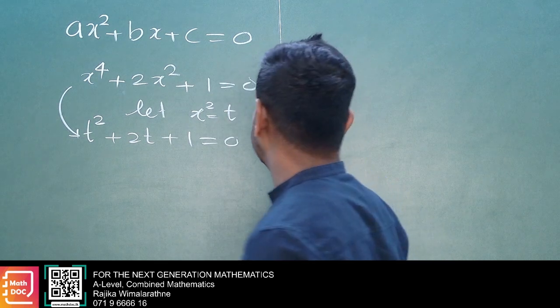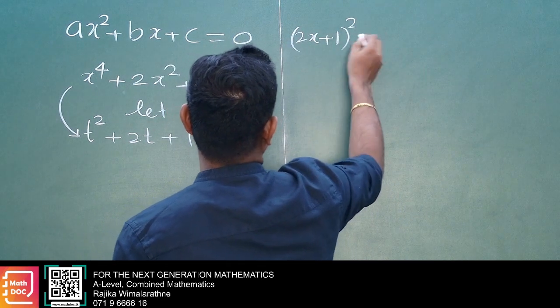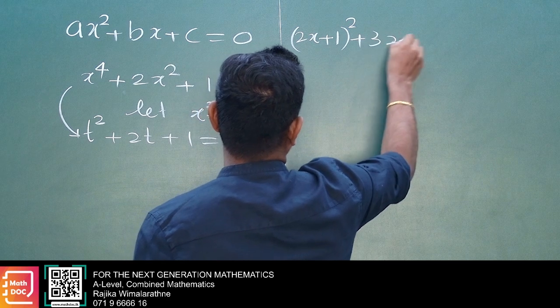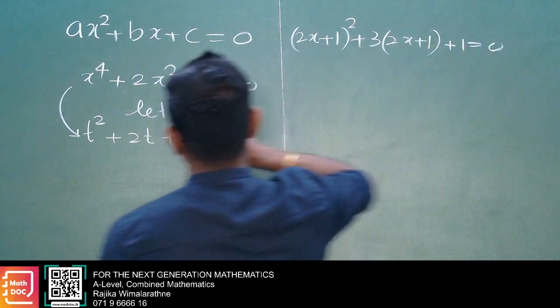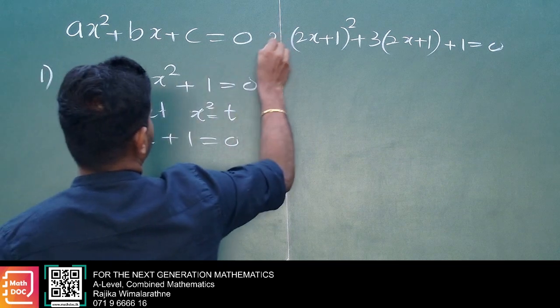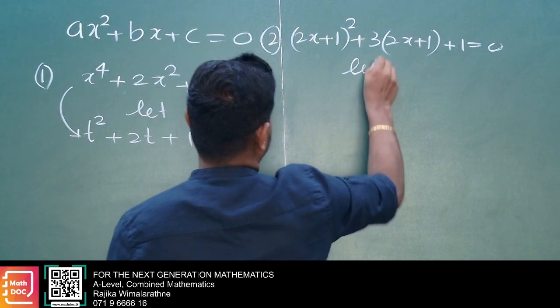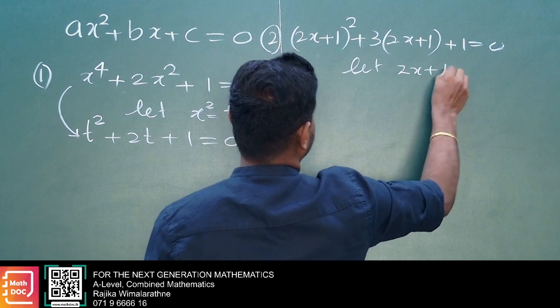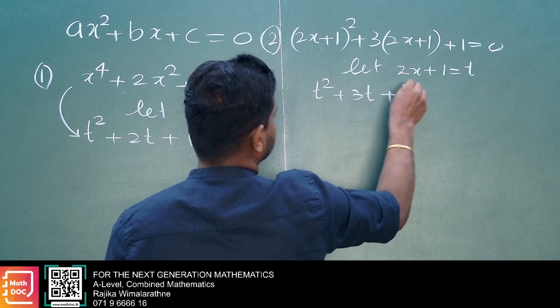Then you consider this one, (2x plus 1) squared plus 3 times (2x plus 1) plus 1 equals 0. Here you take 2x plus 1 equal t, then t squared plus 3t plus 1 equals 0.